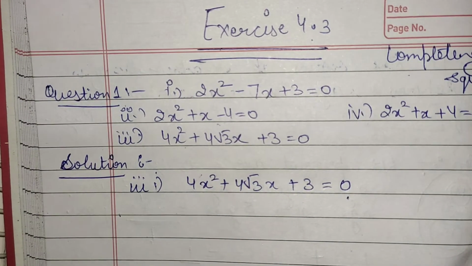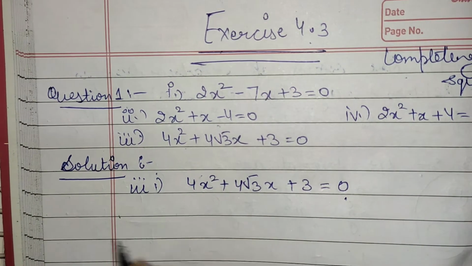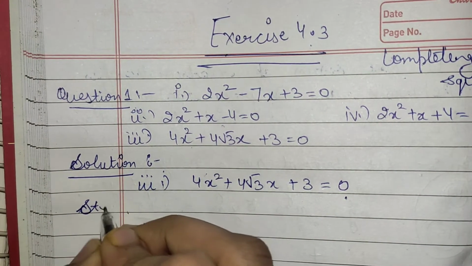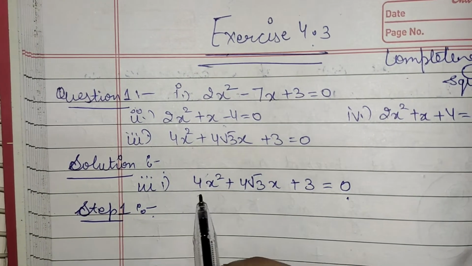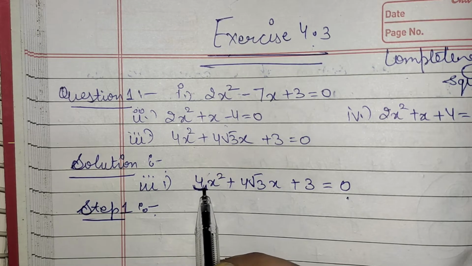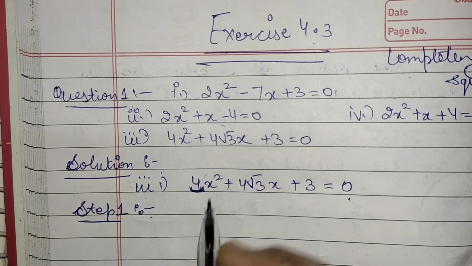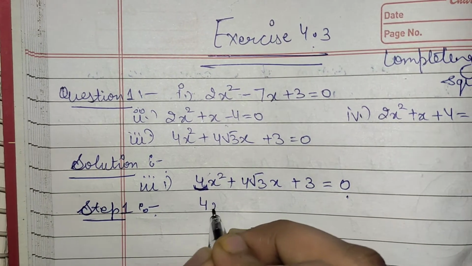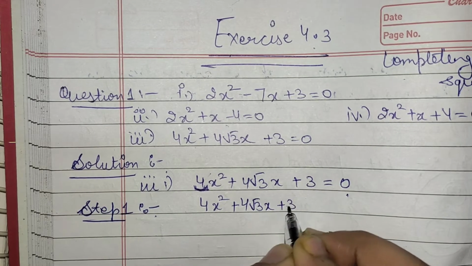to 0. So by completing the square, as I have told you in my previous videos, the very first step is that you have to make your coefficient of x square equal to 1. Your coefficient here is 4. So how will you convert this coefficient to 1?